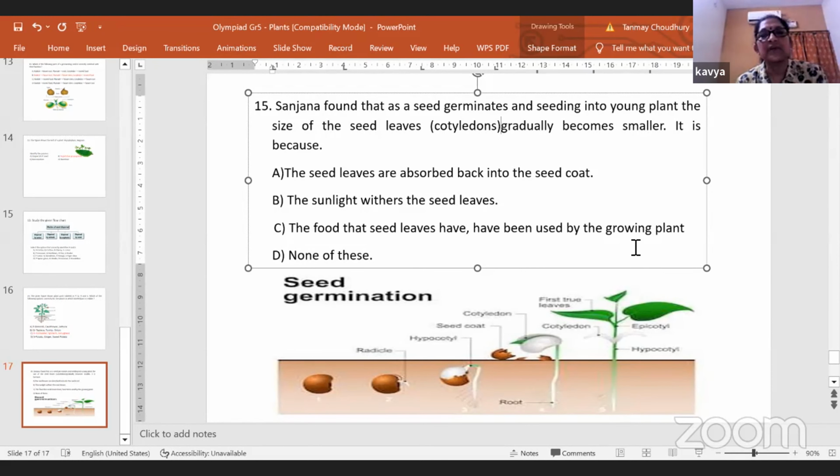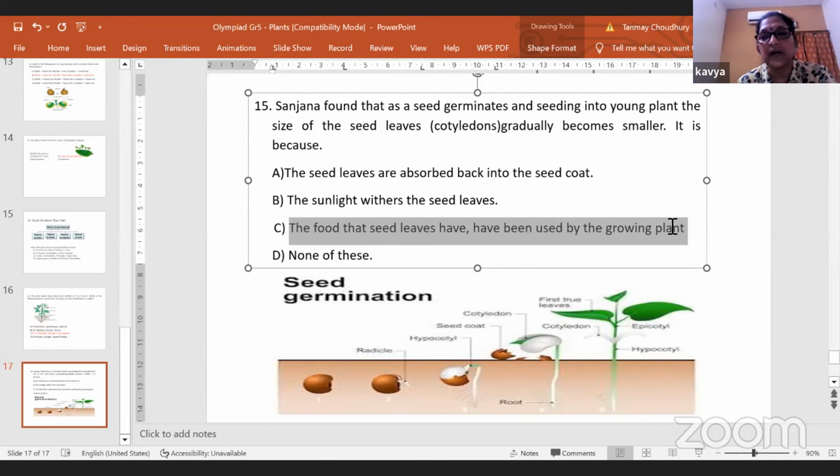So here, the cotyledons are becoming smaller. Why? Because the seed leaves are absorbed back into the seed coat. No, because the seed coat is already fallen off. The sunlight withers the seed leaves. No, the sunlight does not wither the seed leaves. The food that the seed leaves have is used by the growing plant.